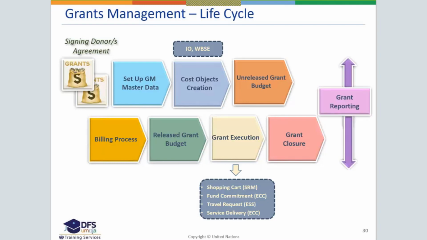But something is missing, very important, the reporting. During the whole life of the grant, we will be reporting internally to track if we are doing things properly, how everything is going on, and to inform the donors about the status of their contributions.